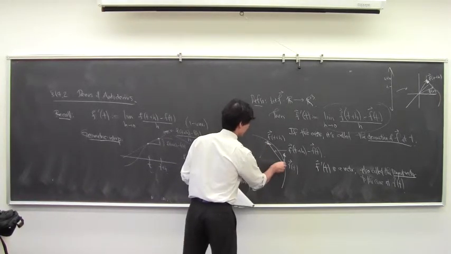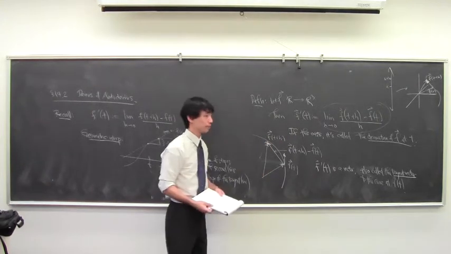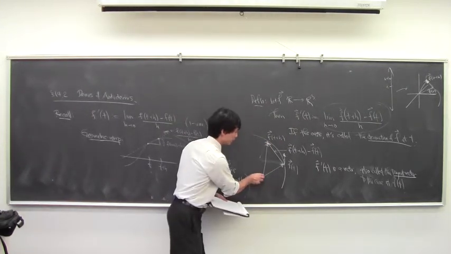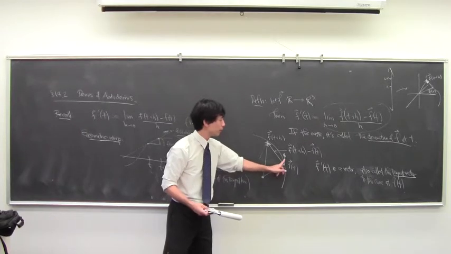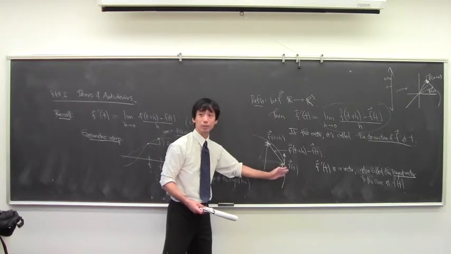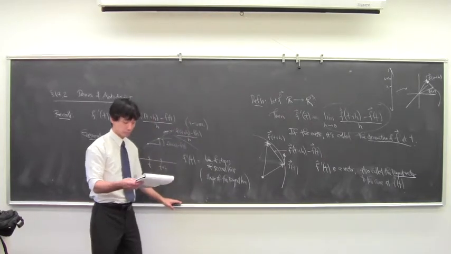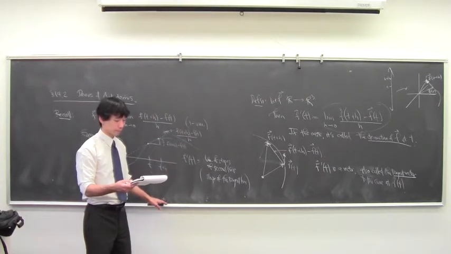Let me make the picture a little bit better. So maybe the origin is here. The vector you get is going to be tangent to the curve, not necessarily perpendicular to this vector.